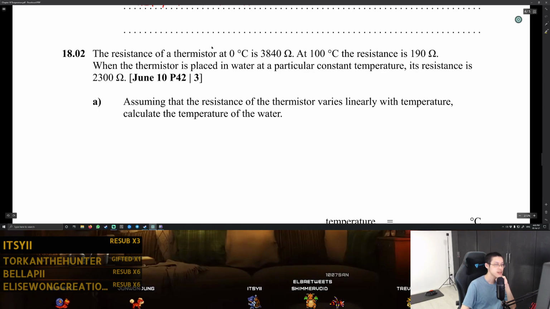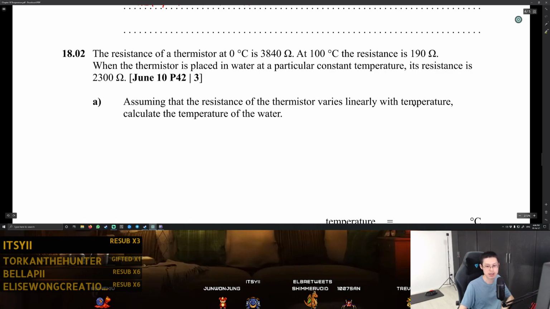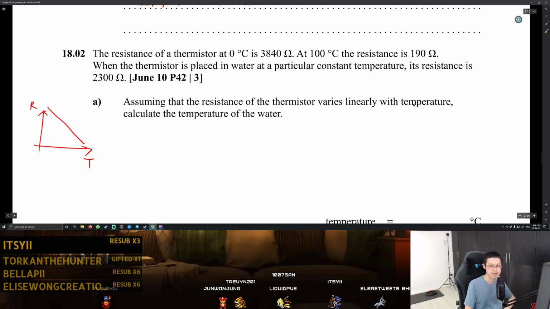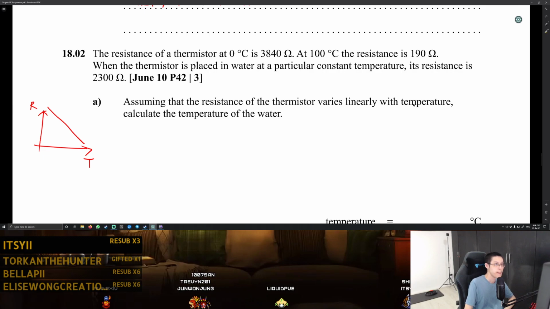So as you can see, as the temperature rises, the resistance decreases, and we're going to assume that it varies linearly. So it kind of looks like a graph of R against temperature, and it goes down like that.